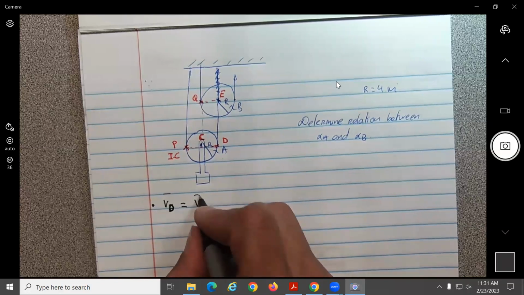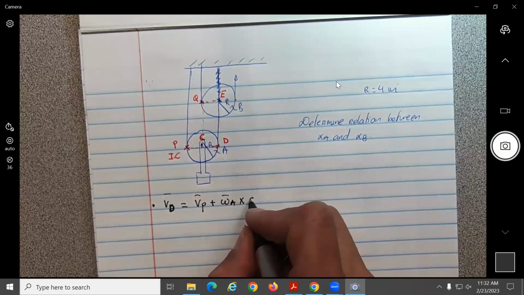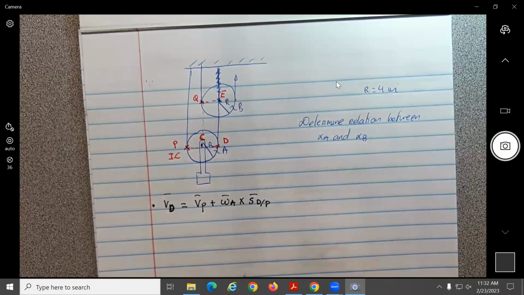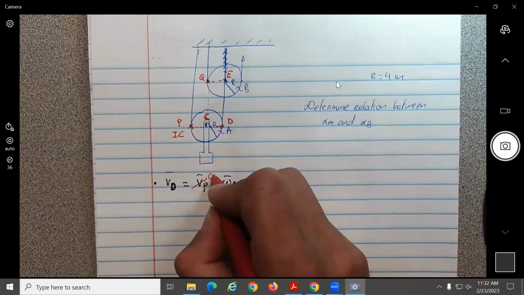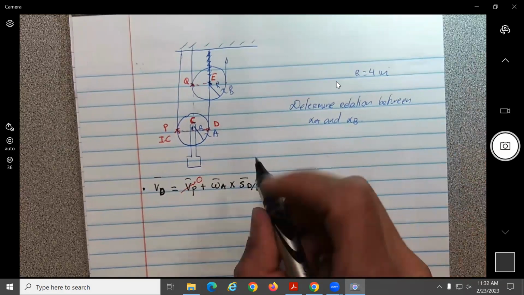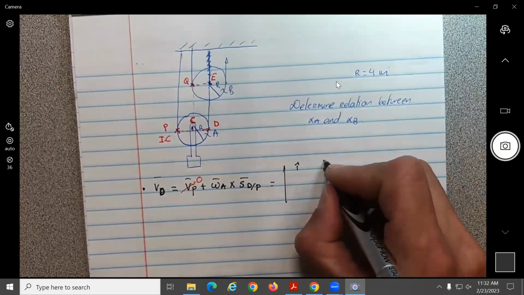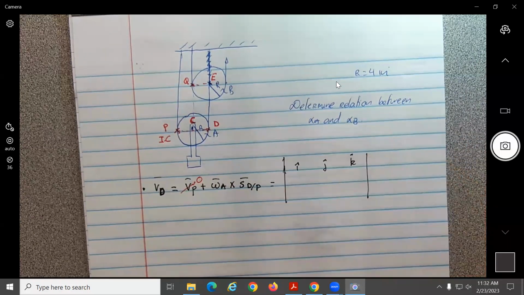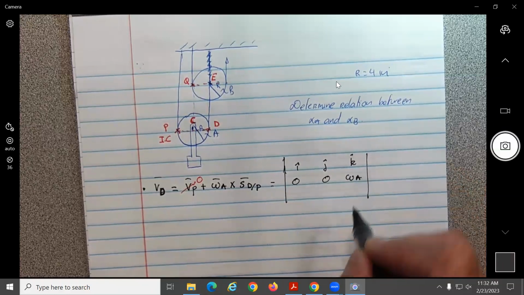It will be equal to the velocity of P plus omega of the pulley A cross r of D with respect to P. Okay? What would be VP? VP is 0, perfect. So here we have i, j, k, this will be 0, 0, omega sub A.